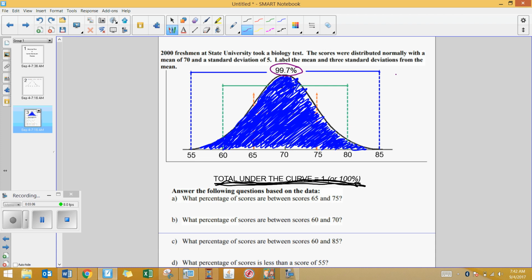Well, that missing 0.3% is here, and it's here. So when we go this way and when we go this way, to positive infinity and negative infinity, you get 0.3%, which is really kind of negligible when you're trying to draw this picture.